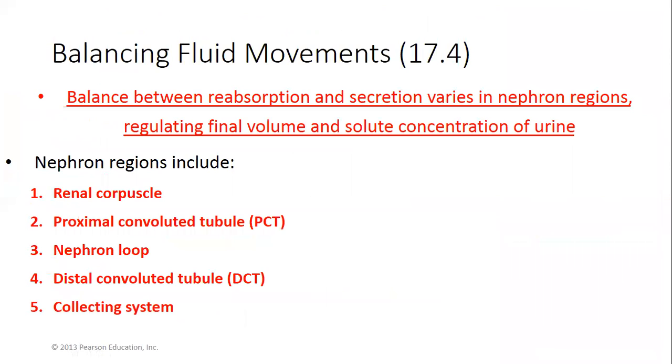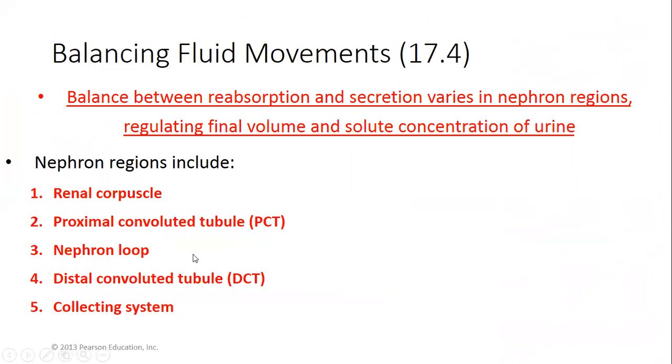Filtration, reabsorption, and secretion occur, and the balance between reabsorption and secretion varies along nephron regions, and all of that regulates the final volume and the concentration or diluted state of urine.